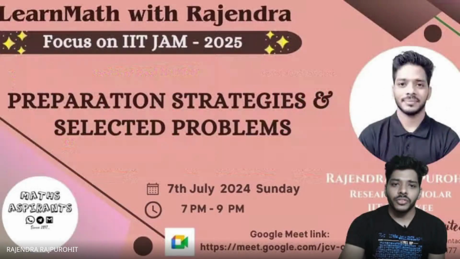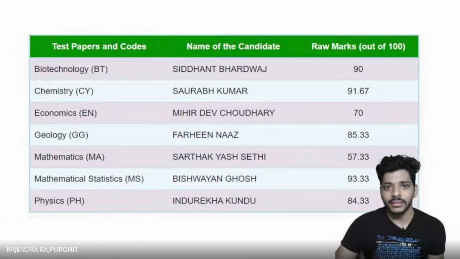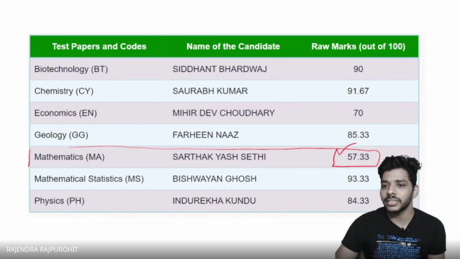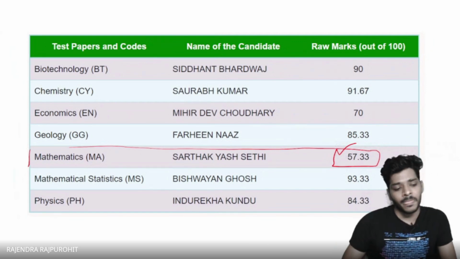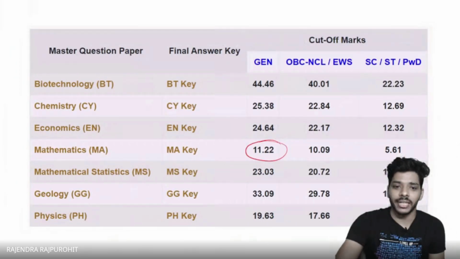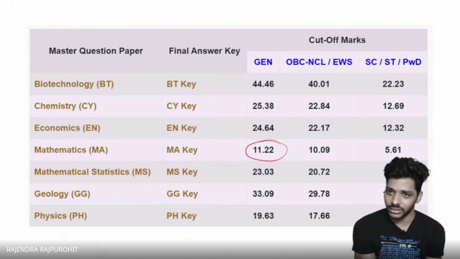Now, if you look at the topper of this exam from the mathematics category, this is the rank 1 person in mathematics. He scored 57.33 marks out of 100. That is rank 1, and the cutoff is 11.22. What are the reasons why the cutoff is so low?